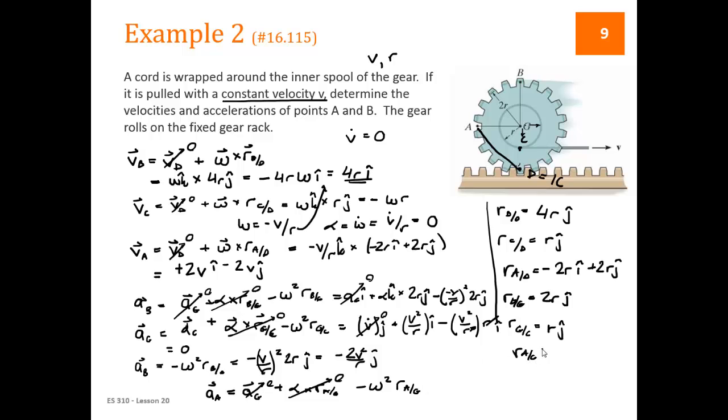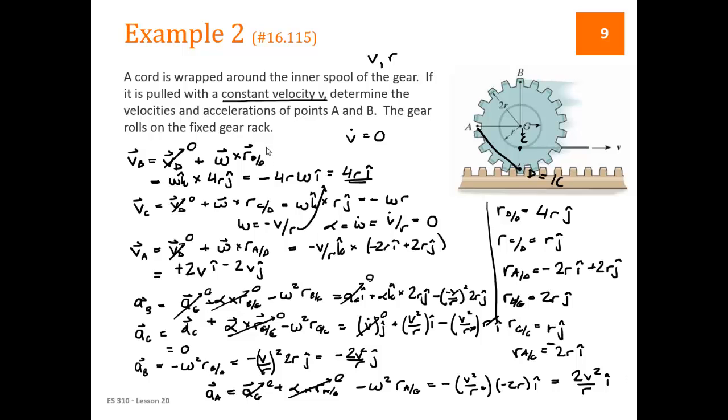RAG, the last R we're interested in, is from A to G, so it is 2R in the negative I hat direction. So this then is equal to negative V squared over R squared times negative 2R in the I hat direction, which gives us 2V squared over R in the I hat direction.